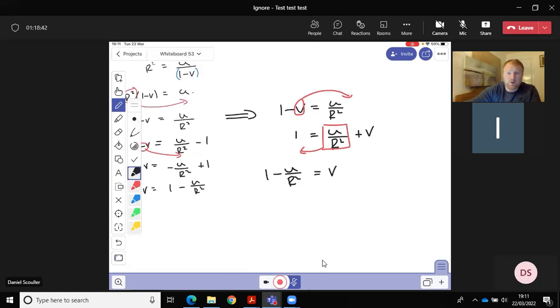Just keep working with your rules. If you're unsure on rearranging, just have a look at that, because there will be something that needs rearranged, and it will have a square or a root in it.